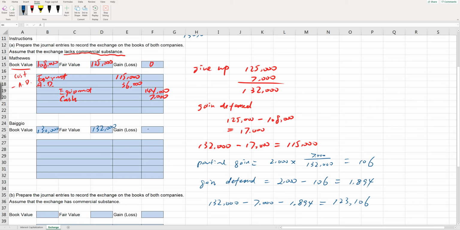So we can finish this journal entry. So we're going to debit equipment. Okay, the same thing. We're going to get rid of the old equipment. So we're going to credit equipment, the original equipment.